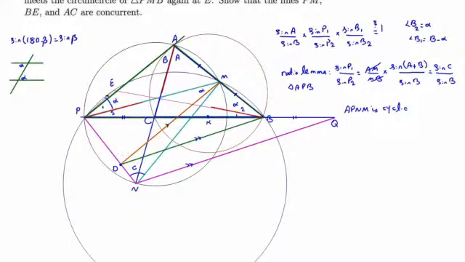Now, another part, I want to find this angle. This point, this point, this point, and this point are cyclic. So it is also A because they see the same arc.